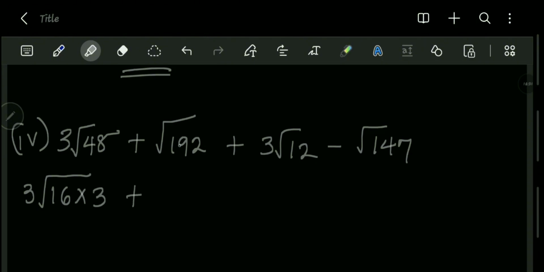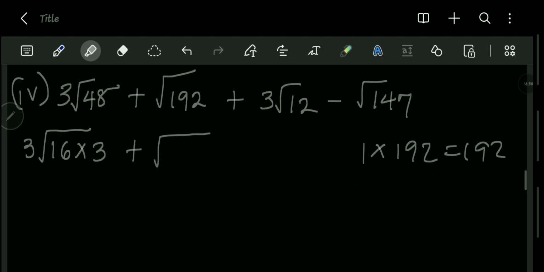Then plus this one, what two numbers multiply to give us 192? Let's try 16. We can't try 16. Let's try 192 divided by 2, which gives us 96. So 1 times 192 is 192, I'm looking for the factors now.